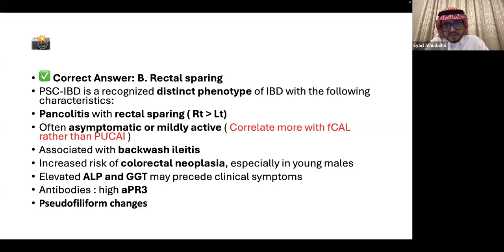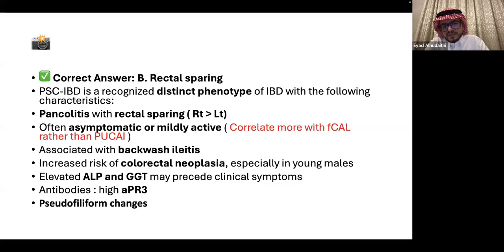So it's right-sided. Usually it doesn't correlate with symptoms, so you can have a normal PUCAI or a mildly elevated PUCAI. However, it correlates very well with fecal calprotectin.